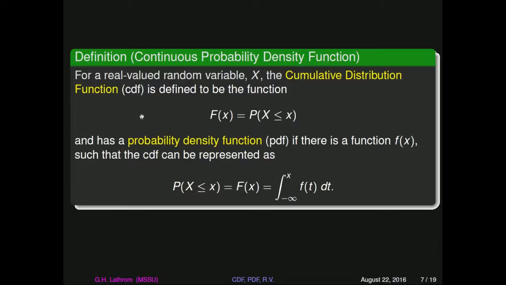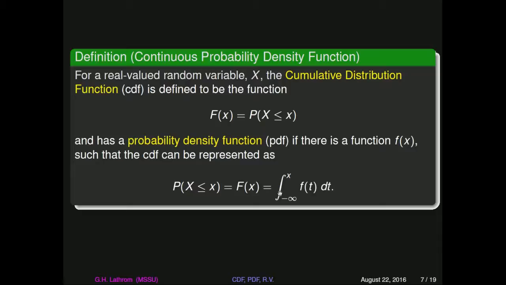We say this CDF has a probability density function, a PDF, if there's a little function f(x) and our CDF can be represented as an integral from minus infinity up to x of f(t) dt.